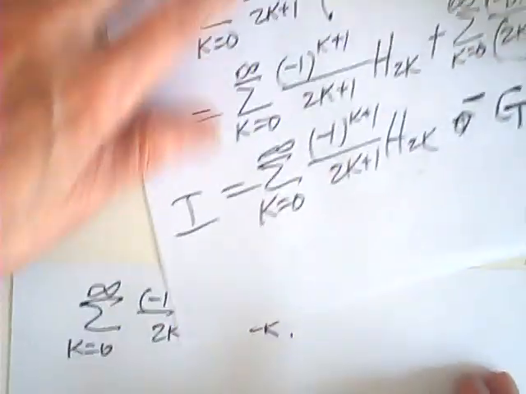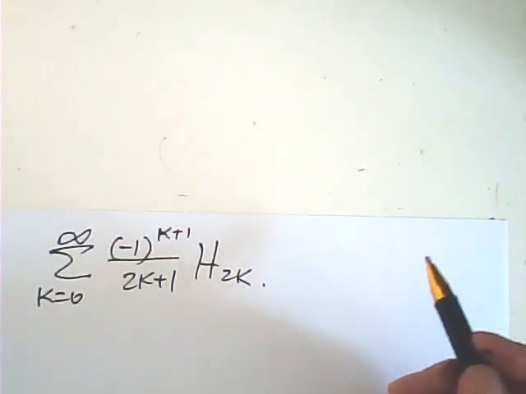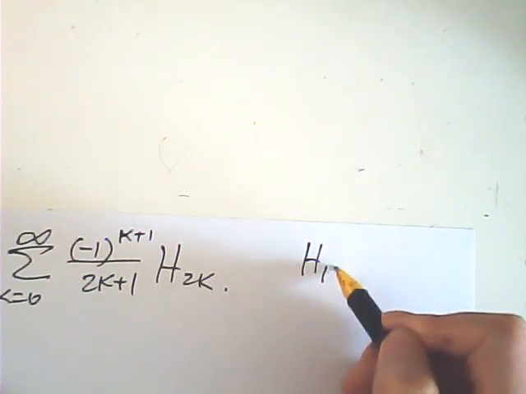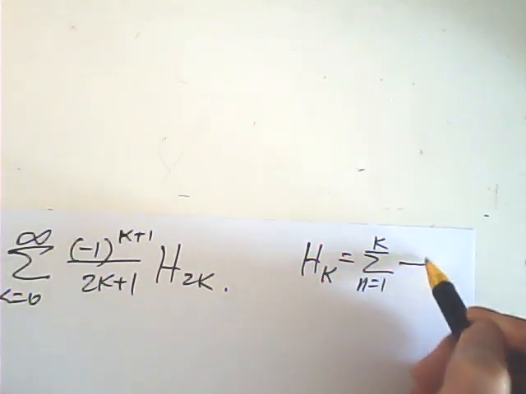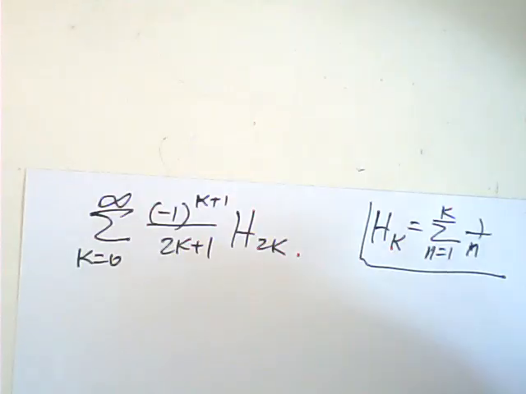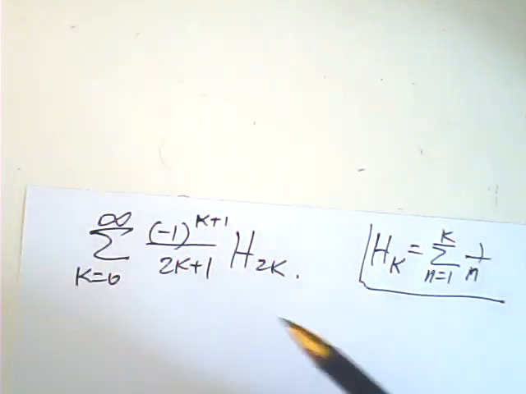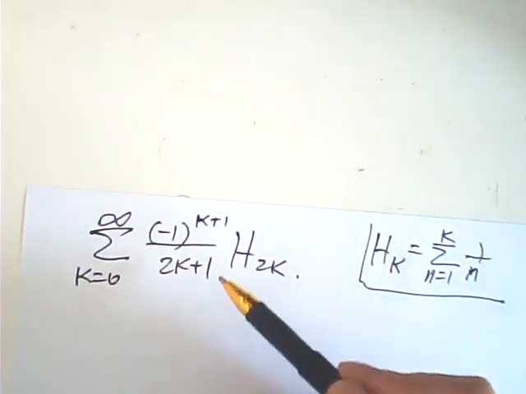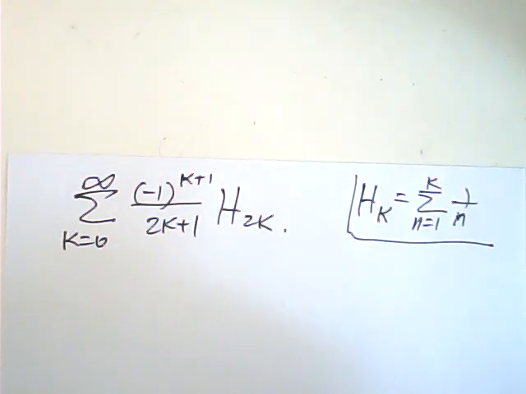These are not easy, not very easy at least. Now, you know what's a harmonic number? A harmonic number is this, right? The sum from n equal to 1 to k of 1 over n. That is a harmonic number. Now we need H of 2k. We need a summation. We need alternating. We need a denominator 2k plus 1. It's quite many steps to go.